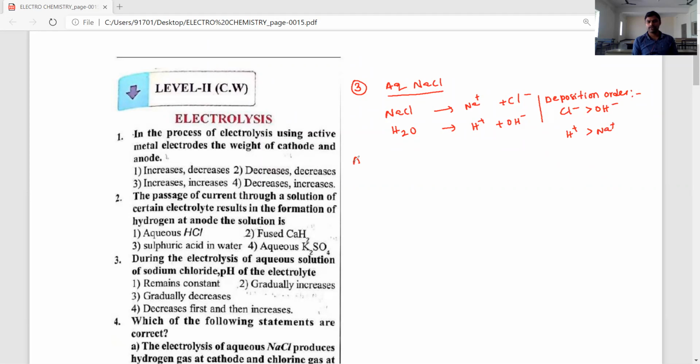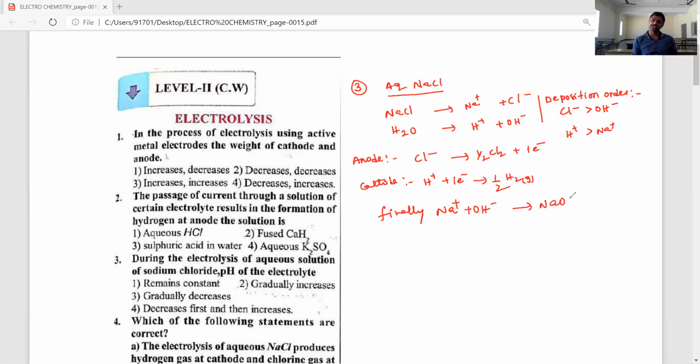So at the anode, Cl- ions are converted into half Cl2 gas, releasing one electron, and at the cathode, H+ ions accept electrons and undergo reduction to produce hydrogen gas. Half a mole of hydrogen gas is produced, and in the resultant solution, Na+ ions and OH- ions combine to produce NaOH.